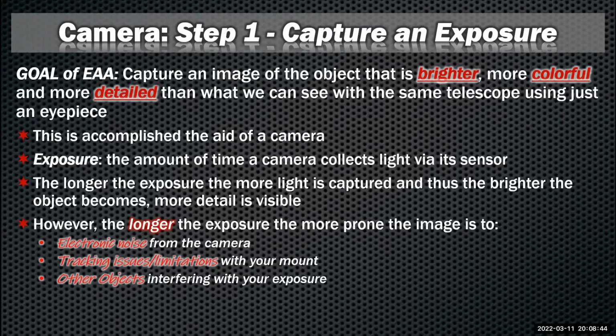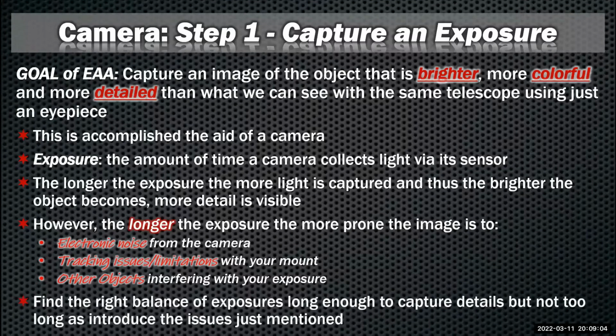We could have limitations with our tracking, or if you have an Alt-Az, you may be limited in what you can do. And you're going to get other objects interfering with your exposure. You might get a chain of satellites going through your view. So it's all about finding that balance of exposures, something long enough to capture details, but not too long as to introduce those particular problems.